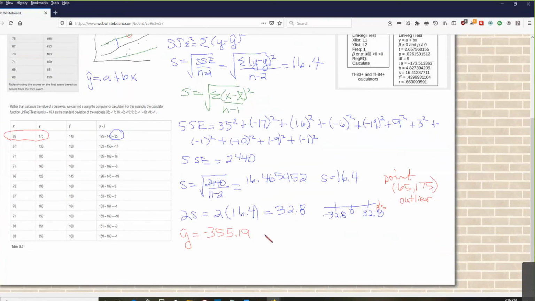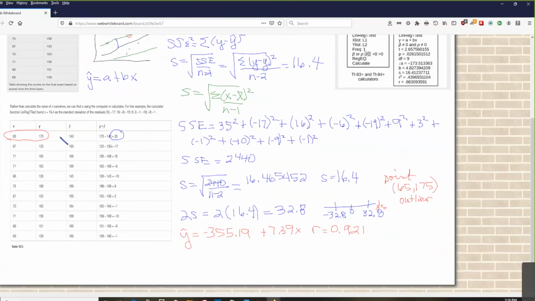minus 355.19 plus 7.39x and a correlation coefficient of 0.921.